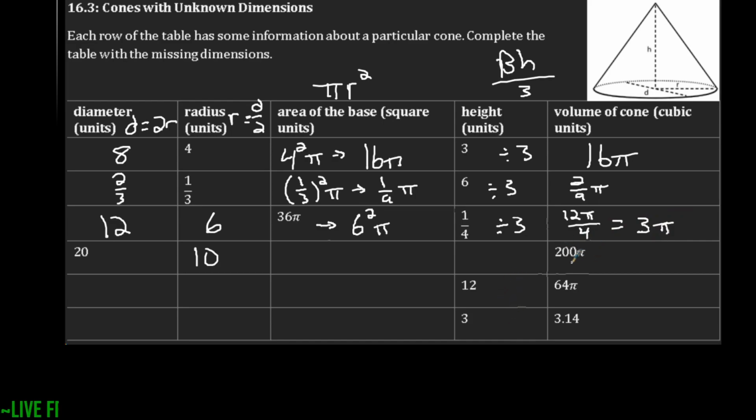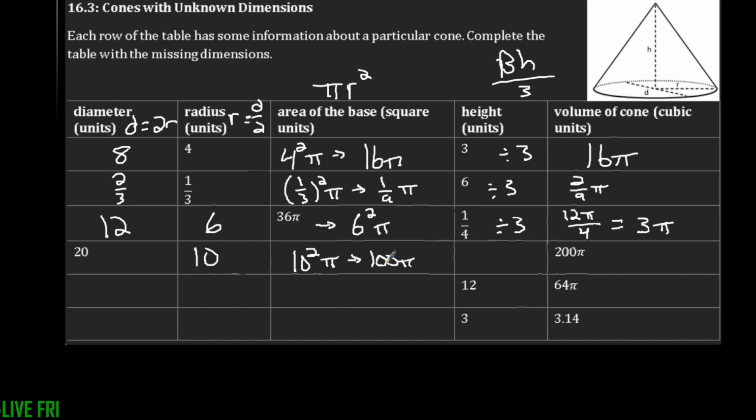And so now let's go in reverse. If the radius is this, then this is the same as 10 squared times pi, which is the same as 100 pi. Let's try to find that missing piece. If we have something times 100 pi divided by 3, we end up with 200 pi.